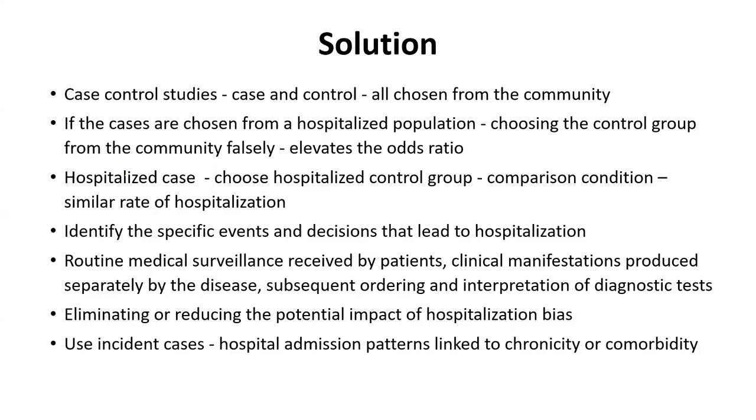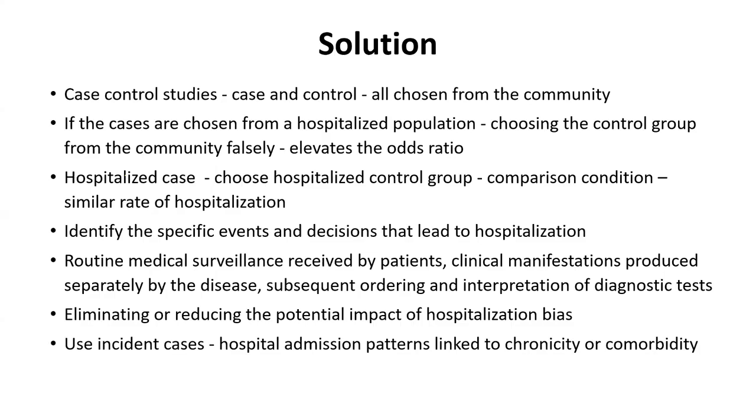You have to look at the mechanisms in which the cases are being admitted and the various steps through which the controls are being admitted and the likelihood of admission being the same, and then choose your controls accordingly. So one has to be careful not only with the disease which you're choosing, because we have seen that the disease should not have any association with the exposure, but the chances of hospitalization, that is the hospitalization rate, should also be very similar to your cases. That is another thing which you should note when you're doing hospital-based case control studies.